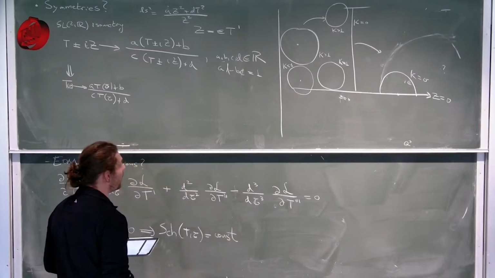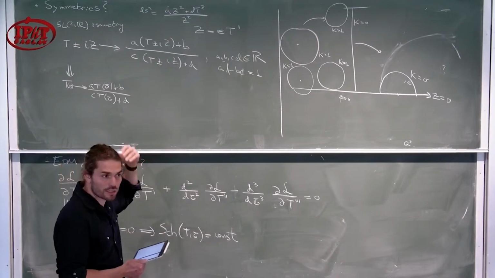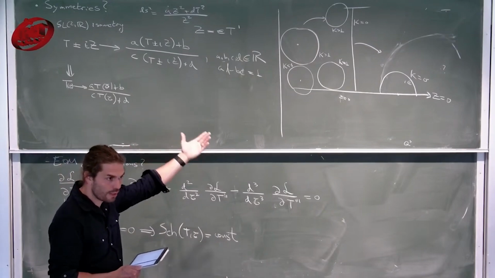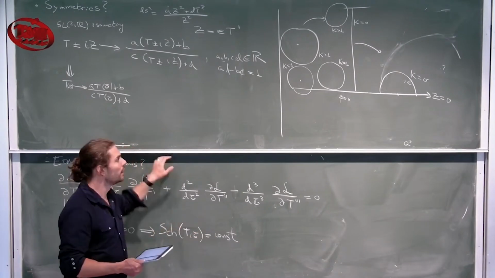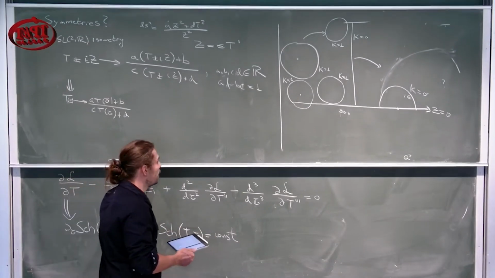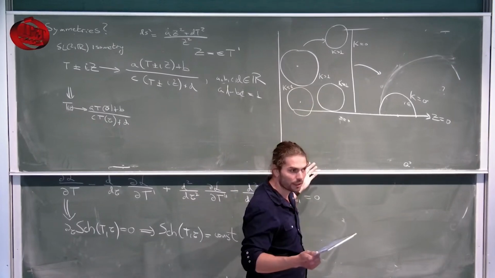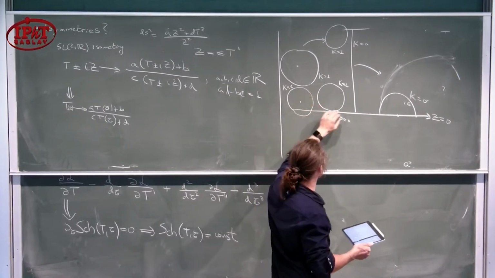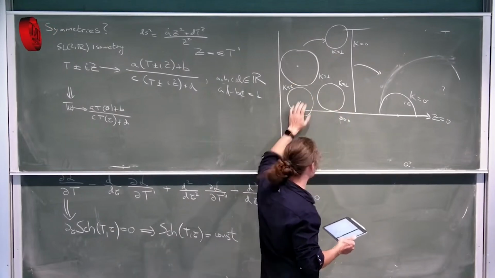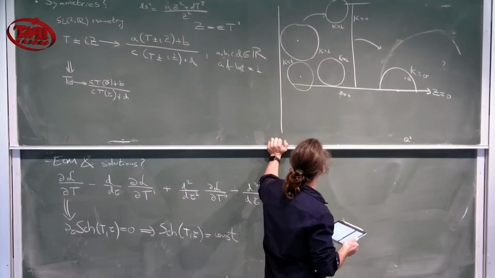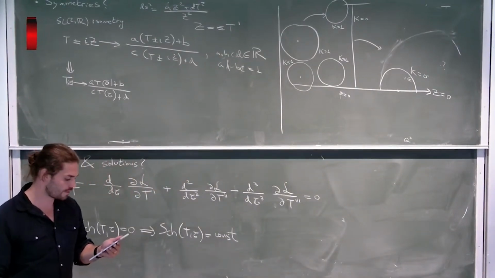But remember, the Schwarzian was capturing the extrinsic curvature of this shape. So a constant Schwarzian means the solution is a curve that's just a circle in the upper half plane. It's one of these three curves: either k equals 0, k equal 1, k bigger than 1, or k smaller than 1.